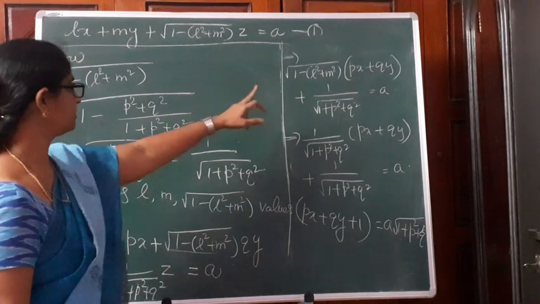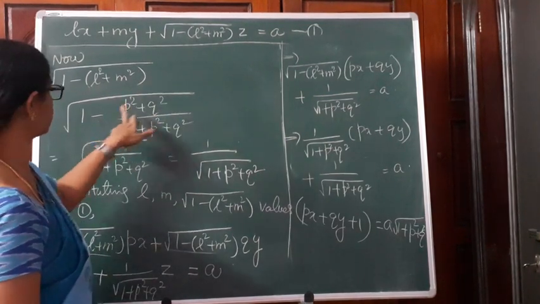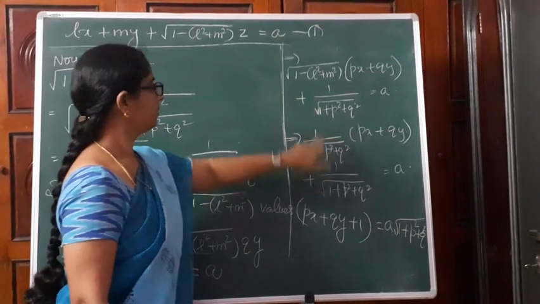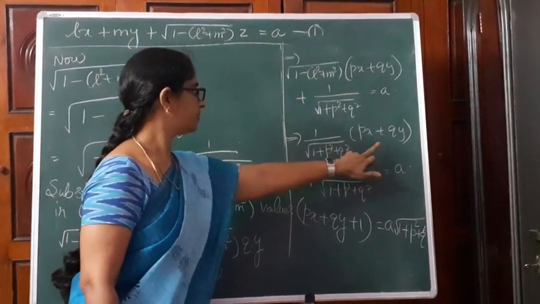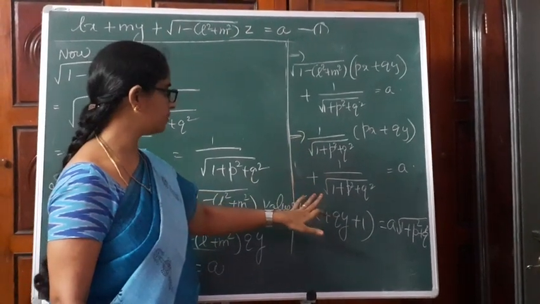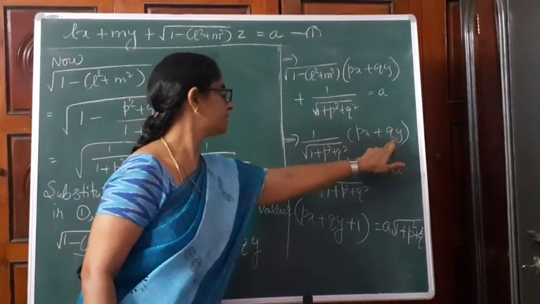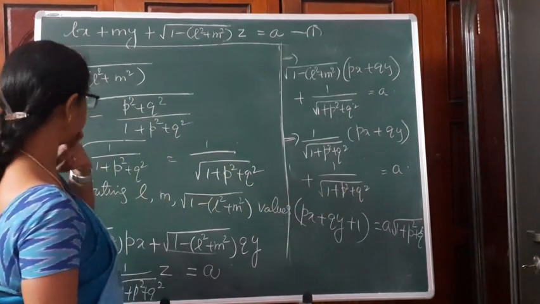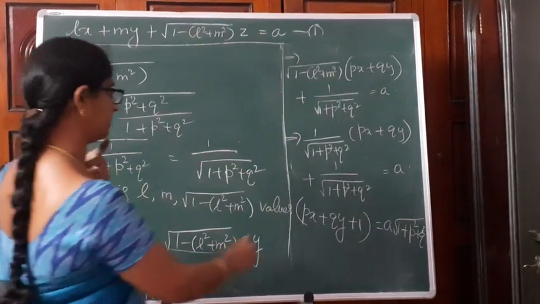We are substituting square root of 1 minus of L square plus M square value we got as this into px plus qy. Now we have taken 1 by root over 1 plus p square plus q square as common. So we have px plus qy. Do we have z here? Yes, we have z here. I missed z.